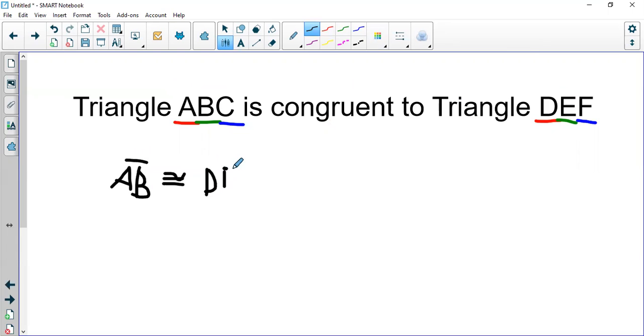So side AB is congruent to side DE, and then I have two other sides. I could also say BC is congruent to EF, and then I can also say that CA is congruent to DF. So you can see how I used these triangle names to help me determine which angles and which sides match with each other.